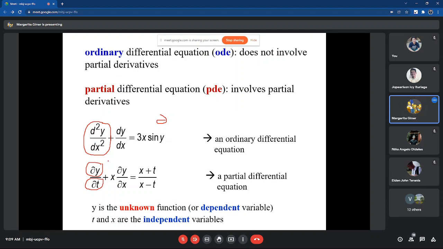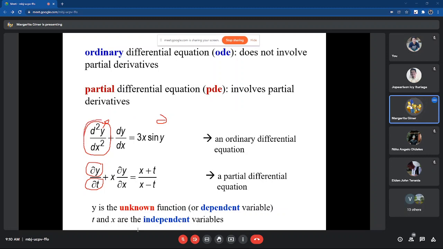But that is not always the case. There are cases where the symbol is a derivative, but it is considered a partial differential equation, because based on the definition, if you have more than one independent variable, that is already a partial differential equation.